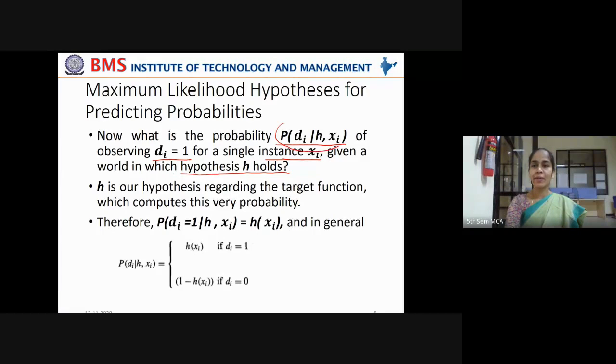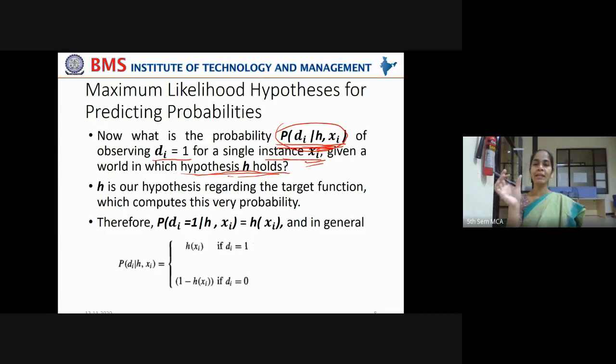This notation is being read this way, that's all. What is the probability that di becomes 1 for a single instance xi, for a training example xi, given a world in which hypothesis h holds?